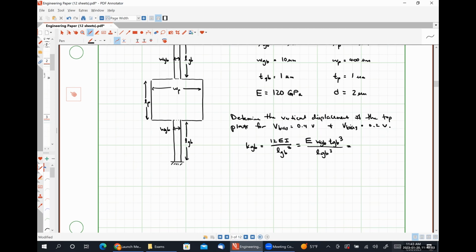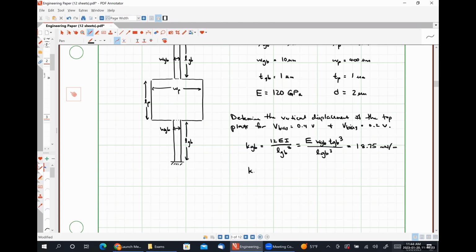I'm running out of steam here, so I'm just going to give you the number. It comes out to be 18.75 millinewtons per meter. So we have very soft springs, which makes sense when their thickness is only 1 micron but their width is 10, so they're very easy to bend in the thickness direction.